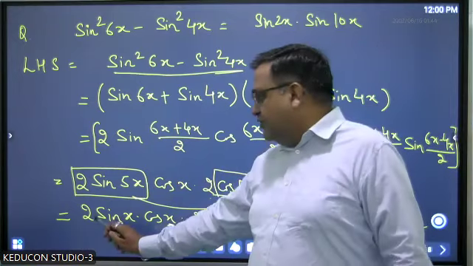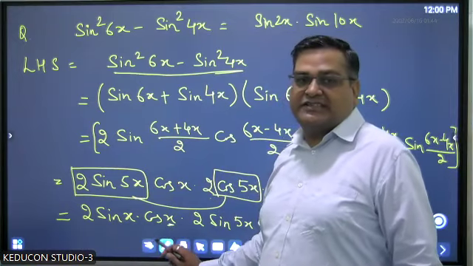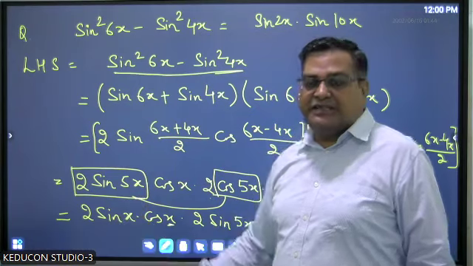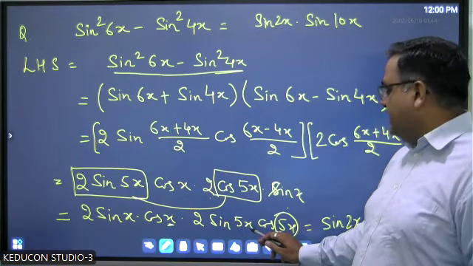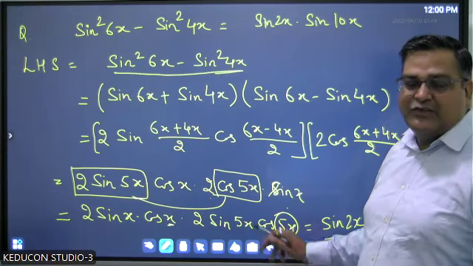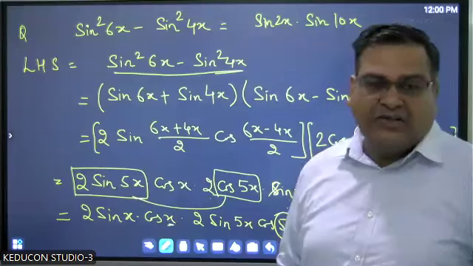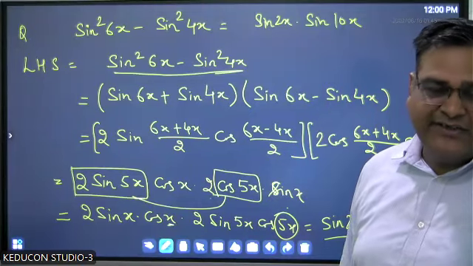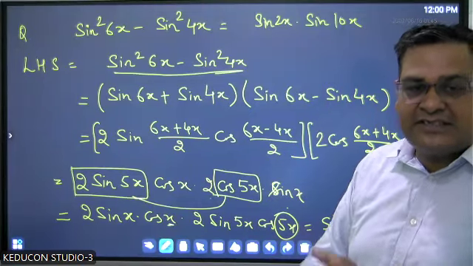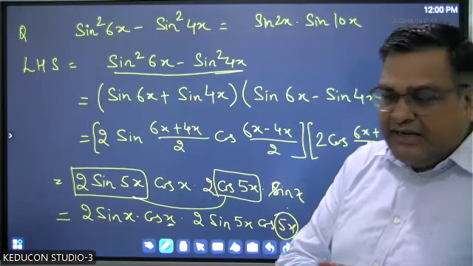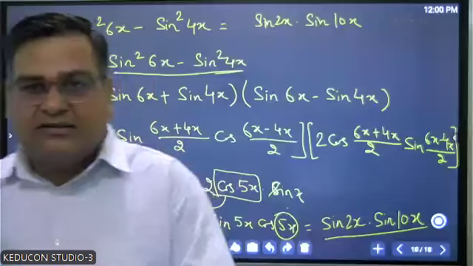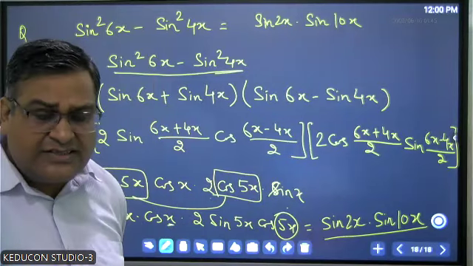What formula do we know? 2 sin x cos x, which is equal to sin 2x. Same formula we can apply here. It is 2 sin 5x cos 5x. So again double angle formula. So this will become sin 10x. So we have done this. Just rearranged and wrote it, and formed the formula. Right? Is this clear, students?